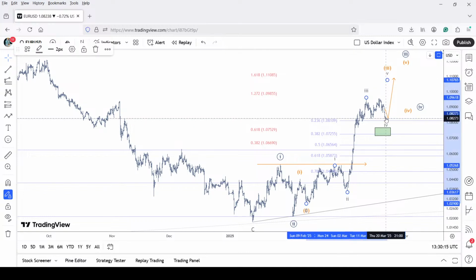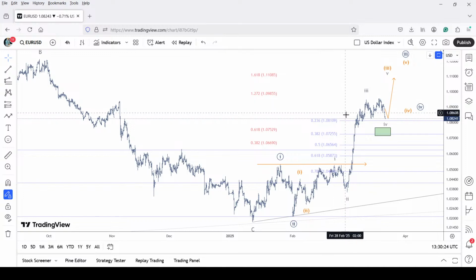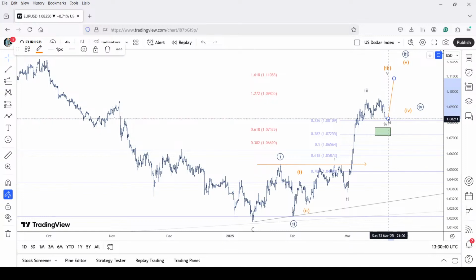Also with respect to the Fibonacci ratios, Euro USD has now dropped to the 38.2% Fibonacci retracement right across 1.0834. So, I'm going to just take that drop off the desk, and from now we can expect the rally to resume anytime soon.